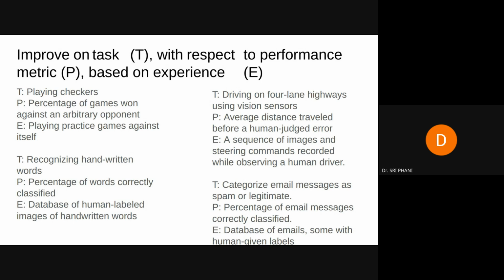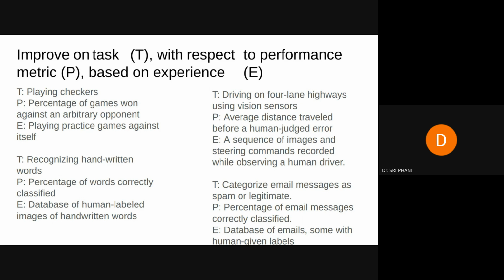Given games played by different people in the name of experience, the learning algorithm has to learn certain programs or rules in such a way that the performance metric keeps on improving. If the performance metric is an error, then it has to go down. If it is not a penalty but a reward, then the performance metric has to increase. If it is something like a penalty, like error, the metric should go down.